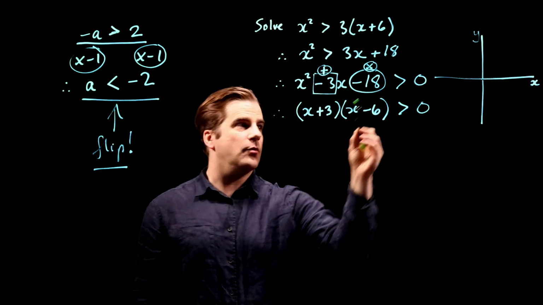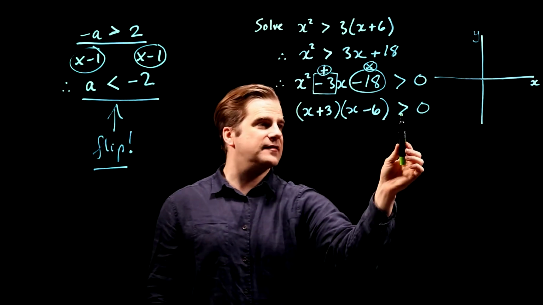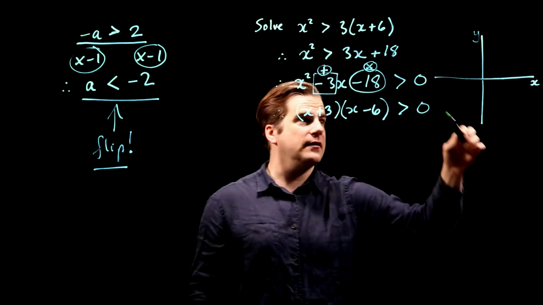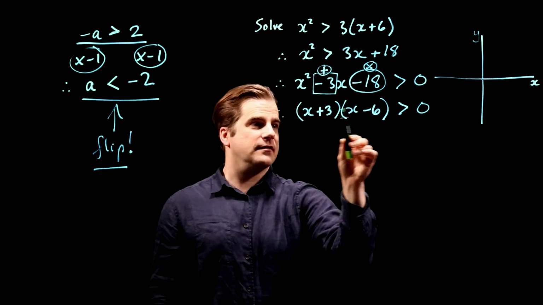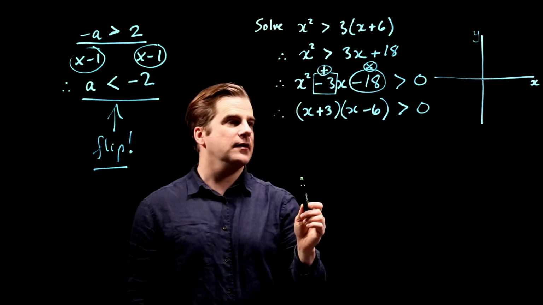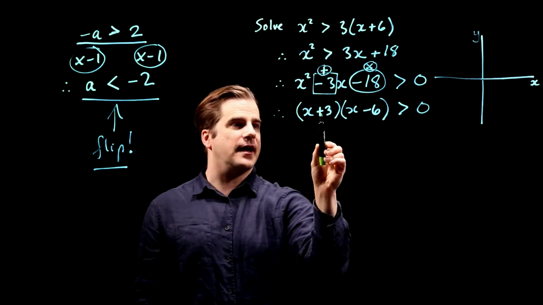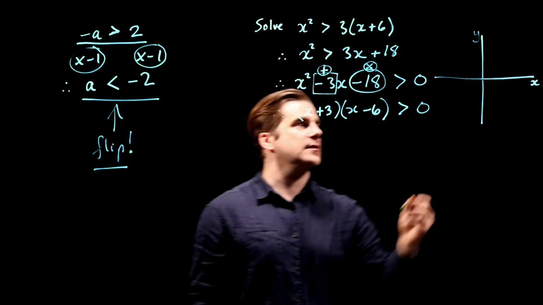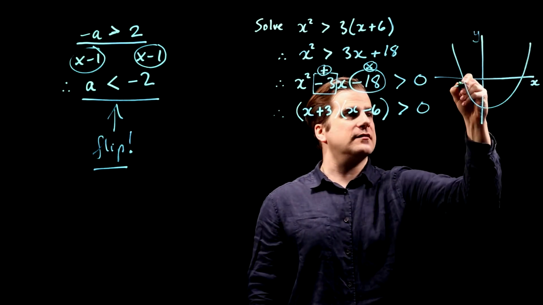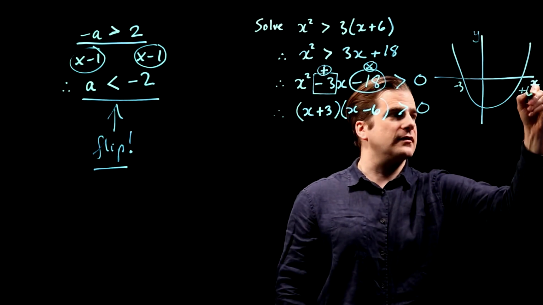And this tells you where it crosses the x-axis. So when that's equal to 0, we pretend it's equal to 0 to find out where the graph of the quadratic crosses the x-axis. So it's going to cross the x-axis at minus 3 and plus 6. So it's going to look something like that, where that is minus 3 and that is plus 6.